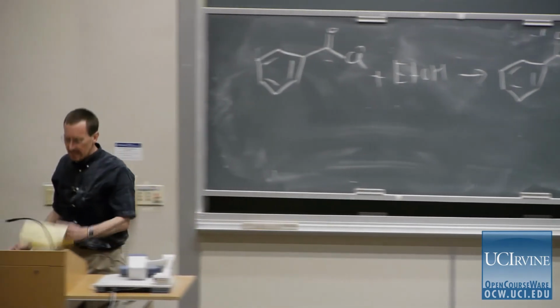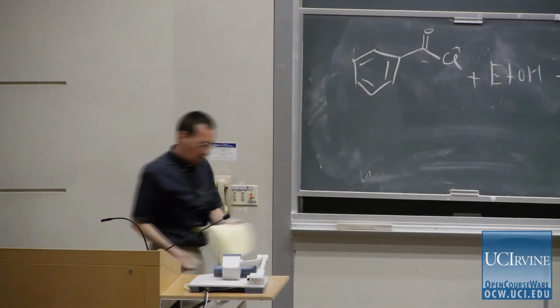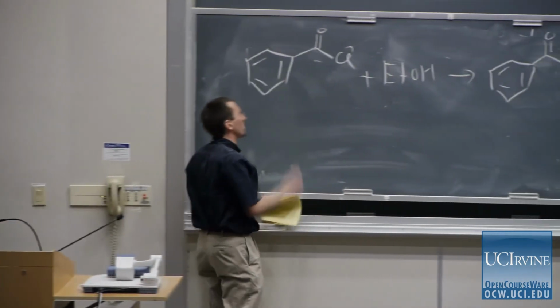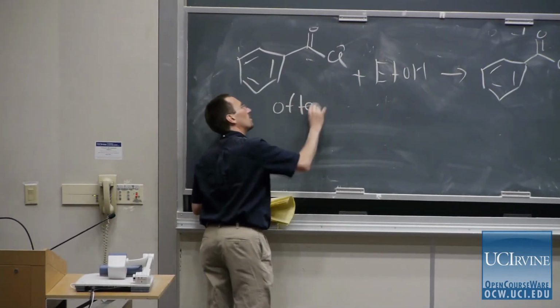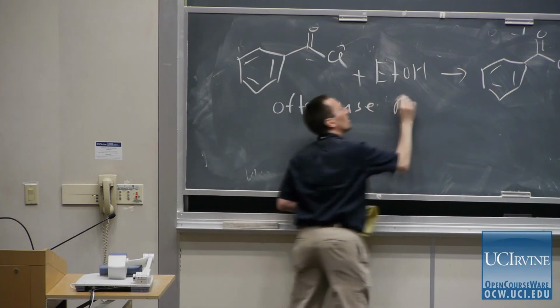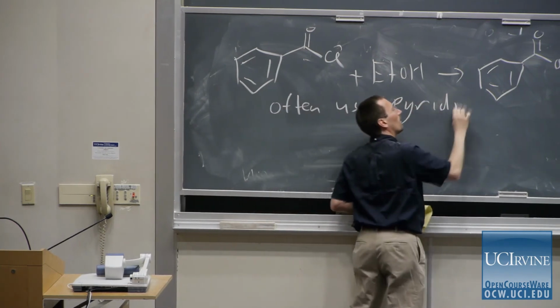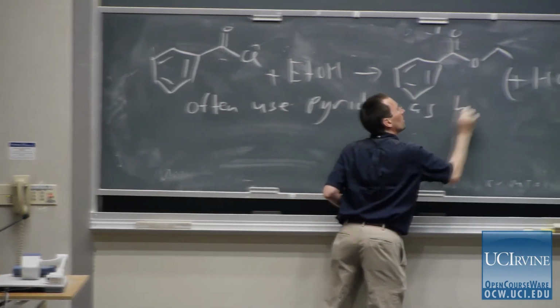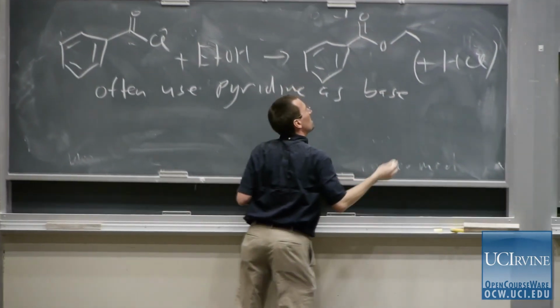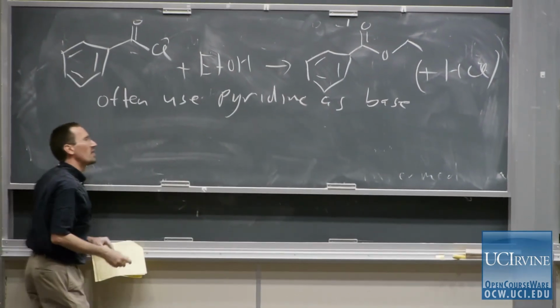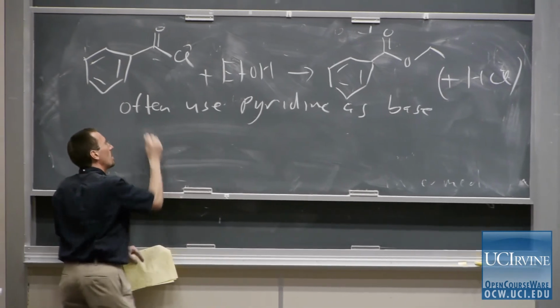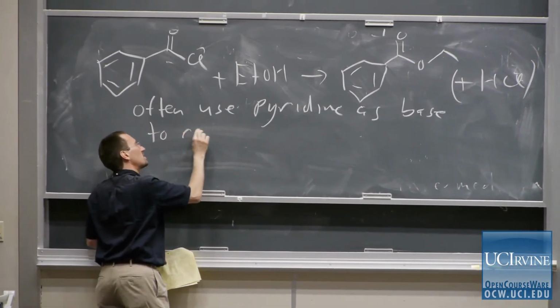Very often in this chemistry as well, you'll use pyridine as a base. Pyridine, triethylamine can be used as well, diisopropylethylamine as well, to react with the HCl.